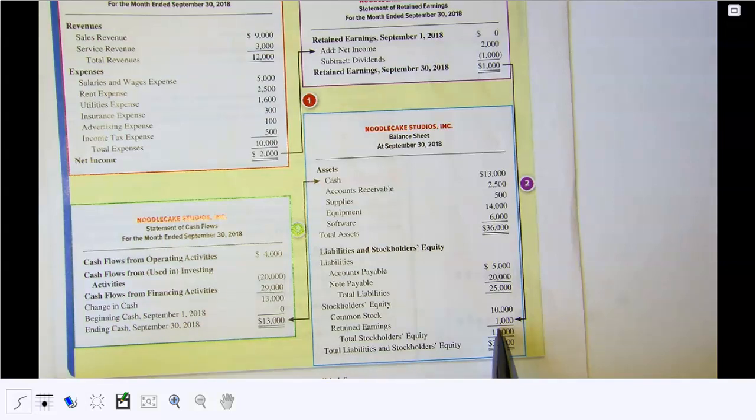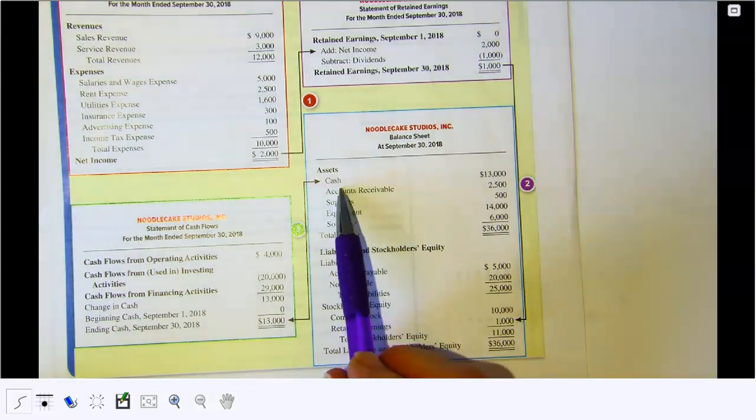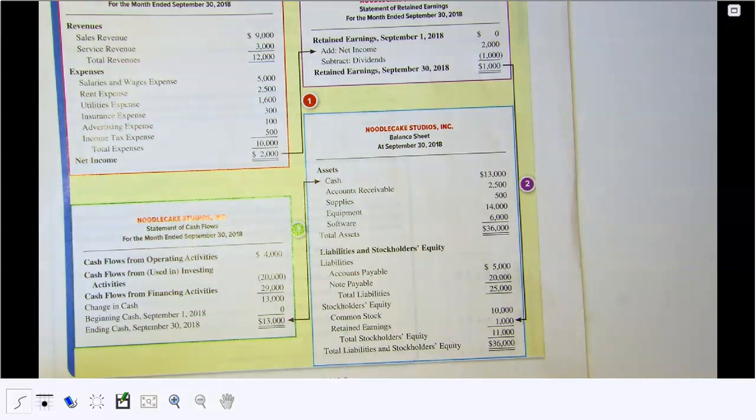And then here's just a quick glimpse of the statement of cash flows, just so that you get a little preview for Accounting 117. It explains the change in cash from period to period. Now, this is a brand new company, so they started out with no cash. The beginning cash balance was zero, because when they began, they didn't have any cash. Now, where did their cash come from? Well, we had $4,000 from day-to-day operations.